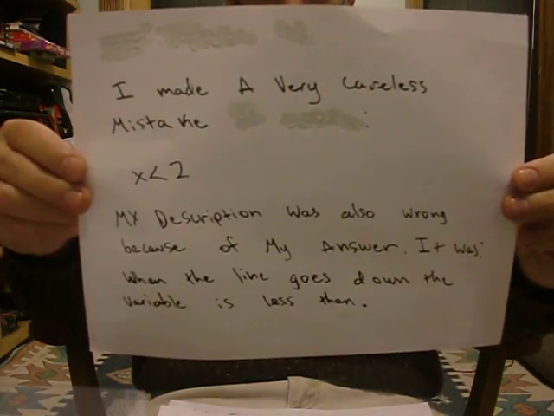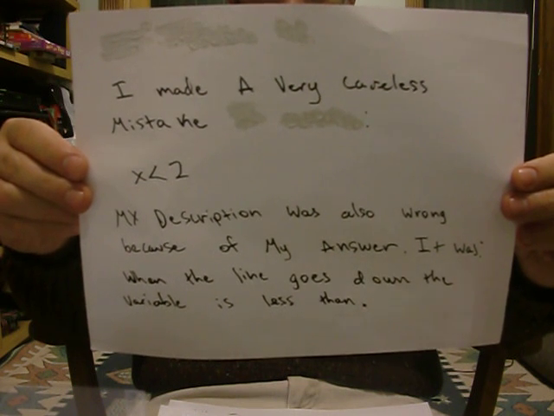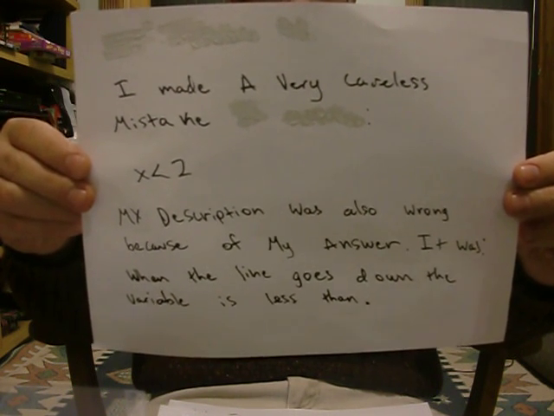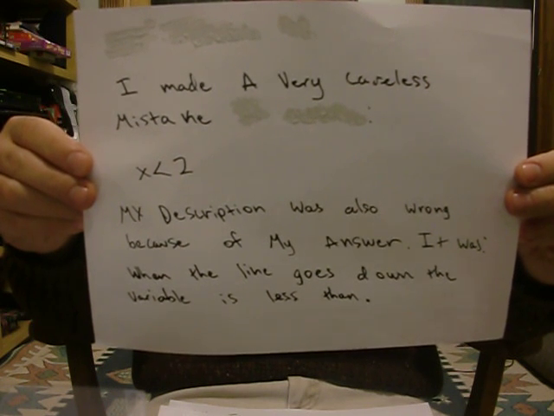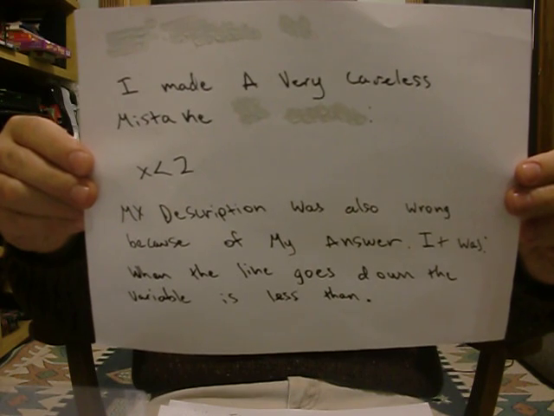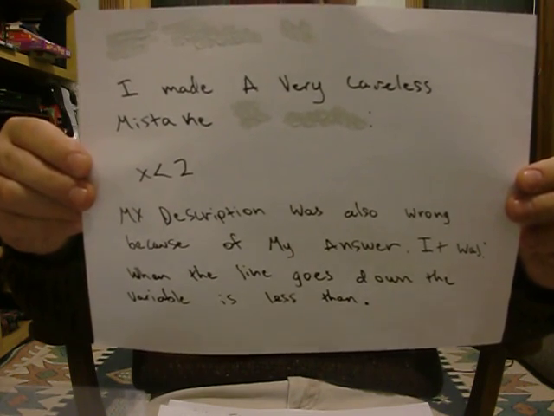I made a very careless mistake. My answer was x is less than 2. My description was also wrong because of my answer. It was, when the line goes down, the variable is less than.